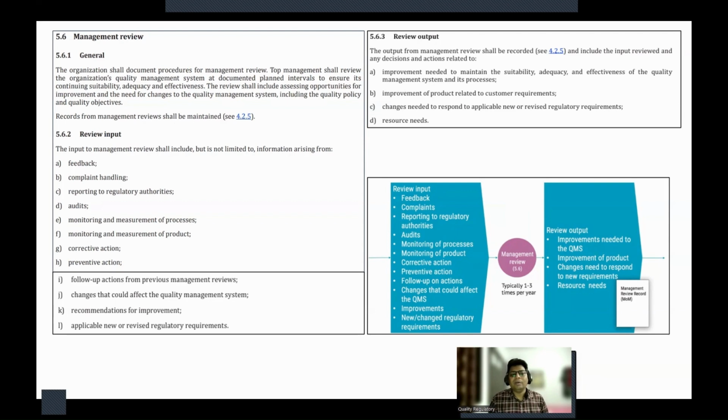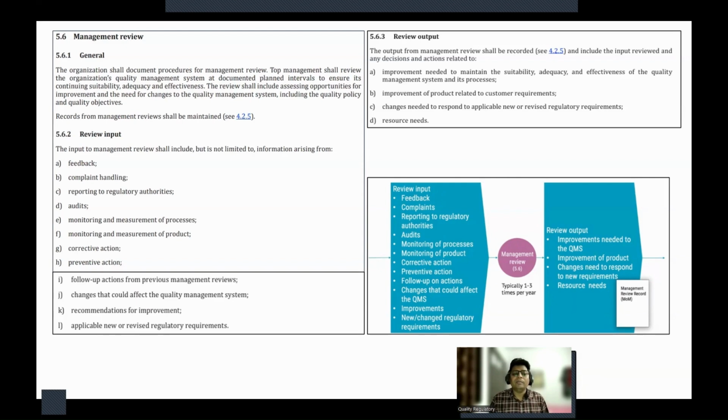Okay, monitoring of measurement of product means process variations, production data, I will say. So that they have to monitor. And the follow-up actions from the previous management reviews, changes that could affect the quality management system. If any change is implemented, or any regulatory changes are coming in, they have to review it in that particular forum.